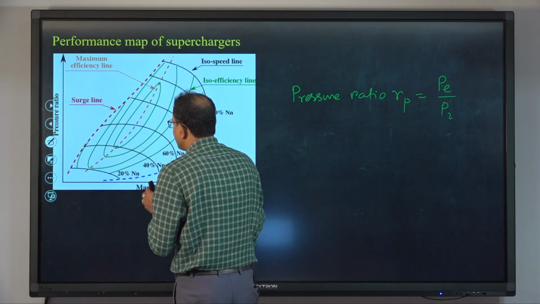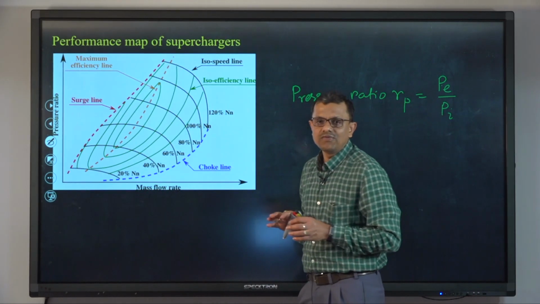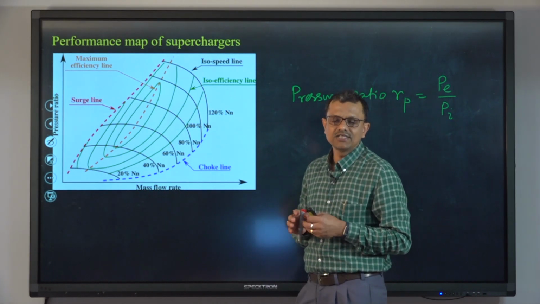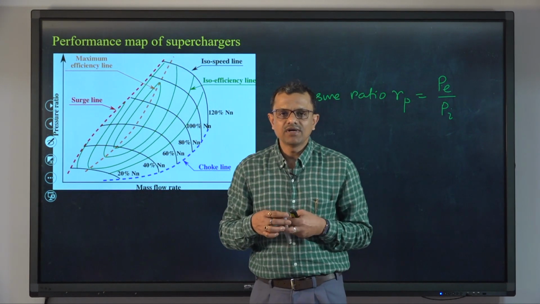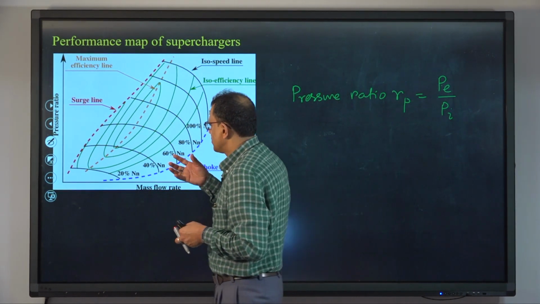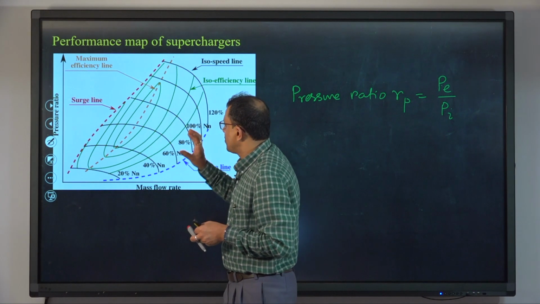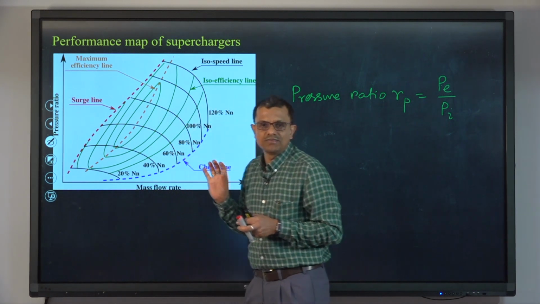So, what we are trying to have in this map is to obtain the pressure ratio for different values of mass flow rates. That means if we keep on increasing the mass flow rate of intake air, then what would be the value of pressure ratio for different speeds of the compressor?